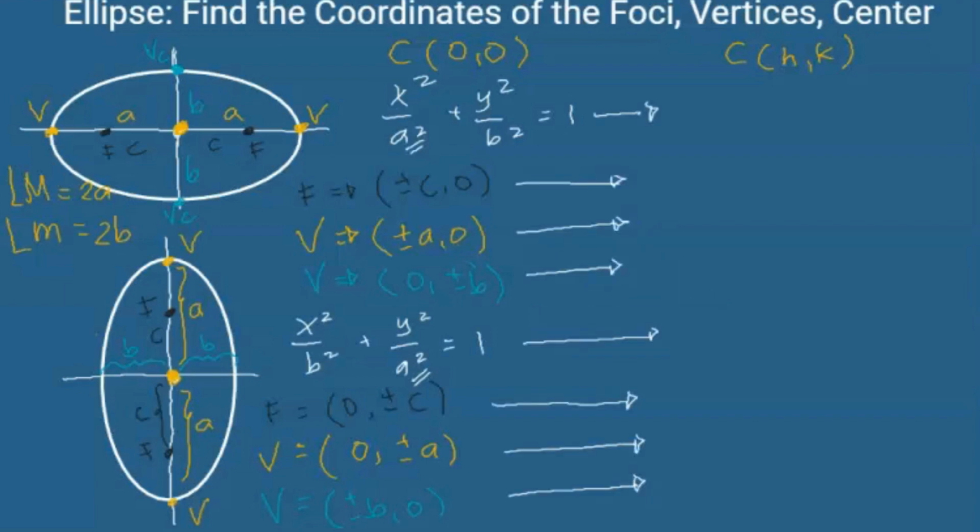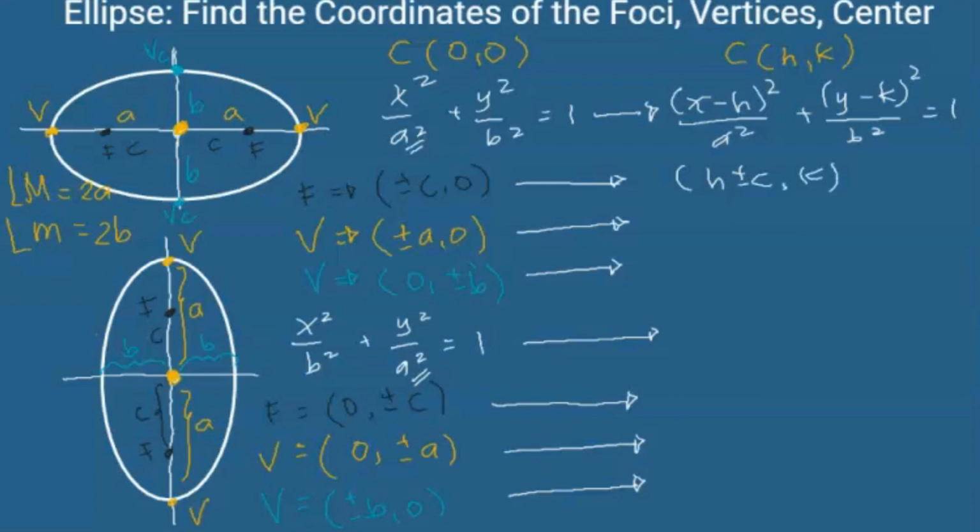So this equation would become (x minus h) squared over a squared plus (y minus k) squared over b squared equals 1. And for the foci, it will become h plus or minus c and then k.